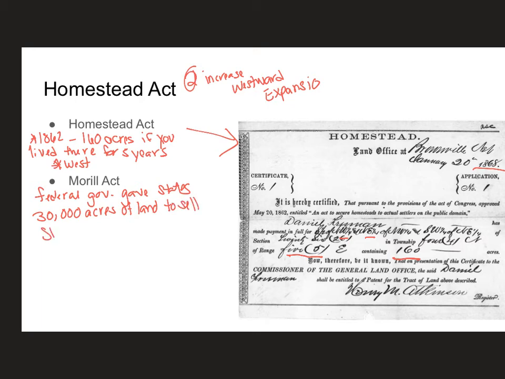The states could then use that money to create colleges, specifically for agriculture. And this again was another draw for people because now you could go out west and also get an education.